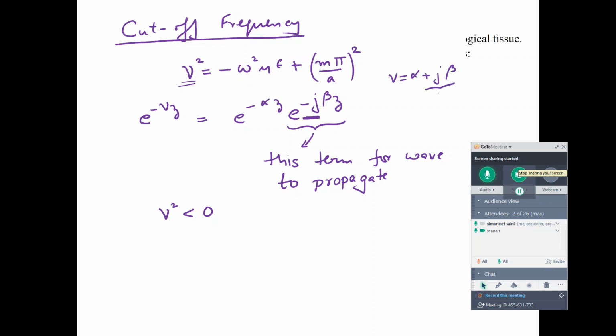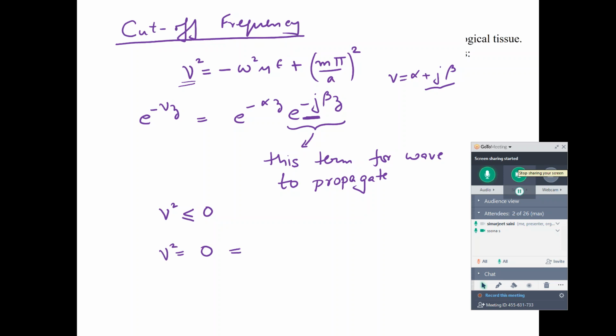And I definitely need this term. The wave is only going to propagate if that j term shows up. So it tells me that my gamma square has to be less than 0. The worst case has to be less than or equal to 0. So the worst case which can happen is gamma square is equal to 0.